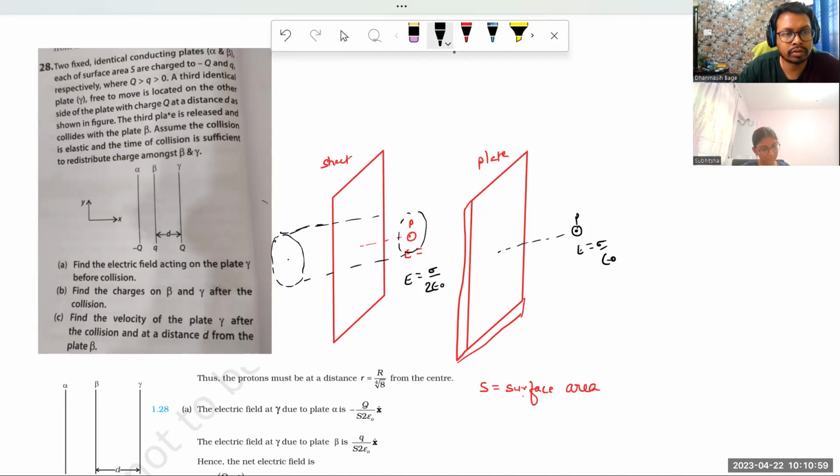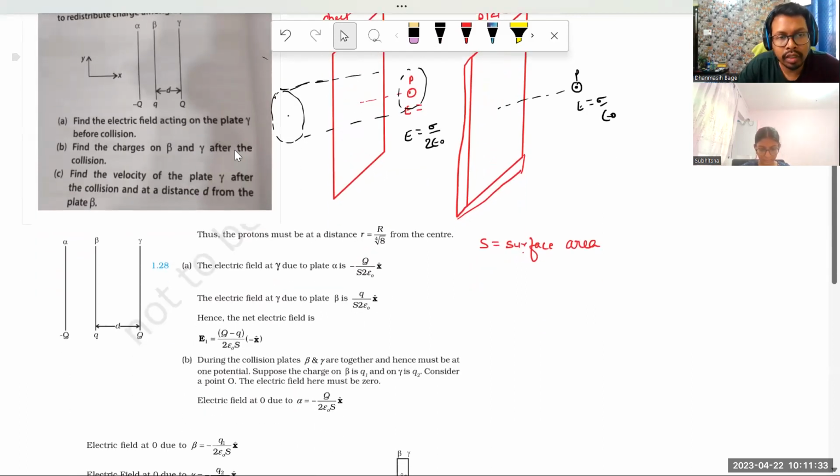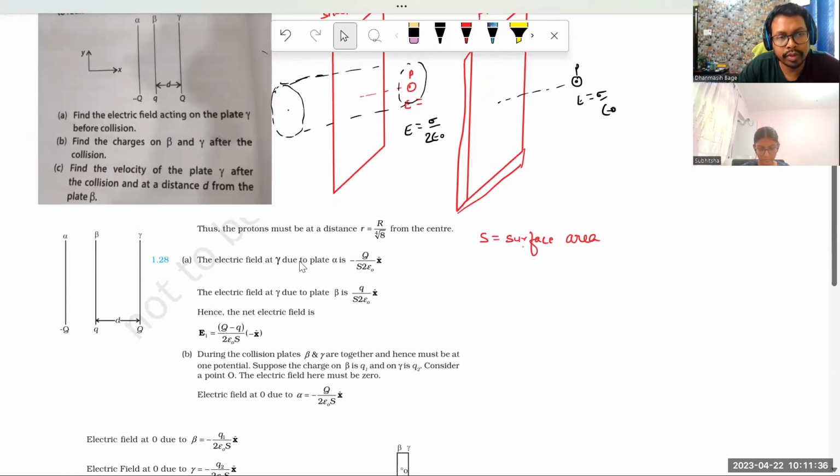Okay. And they have used the electric field at gamma due to alpha, is okay.